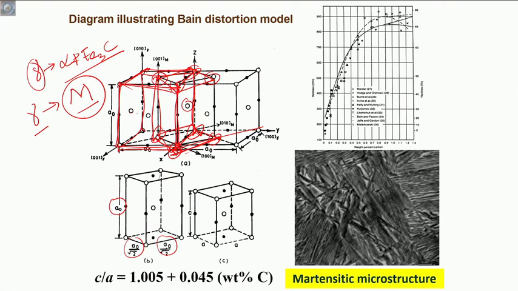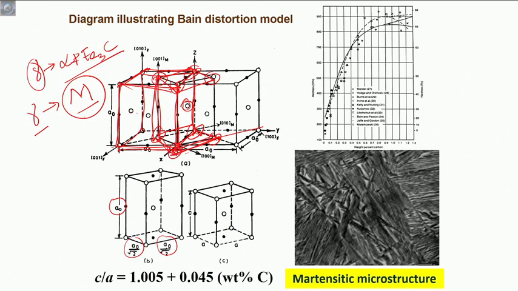So, earlier an FCC unit cell where a, b and c were all equal, and we had 4 effective atoms per unit cell, is now transformed into a new unit cell which has 8 atoms at 8 corners, but the effective number is only 1, and 1 in the center of the unit cell. So, 2 per unit cell.